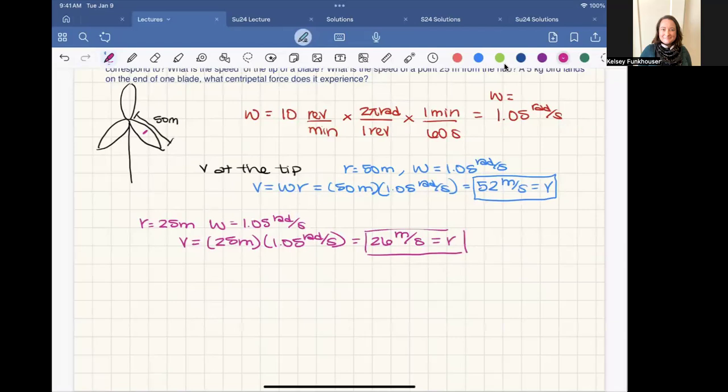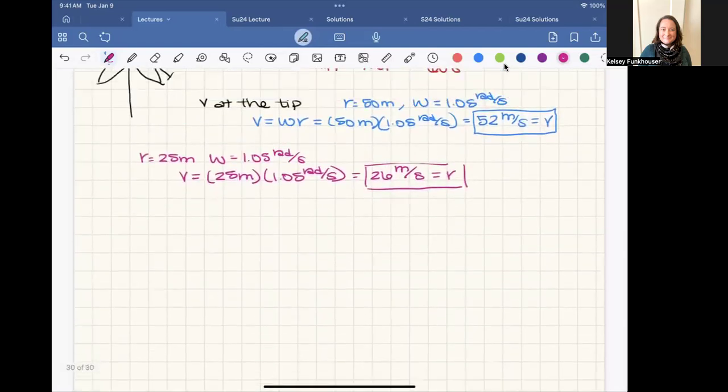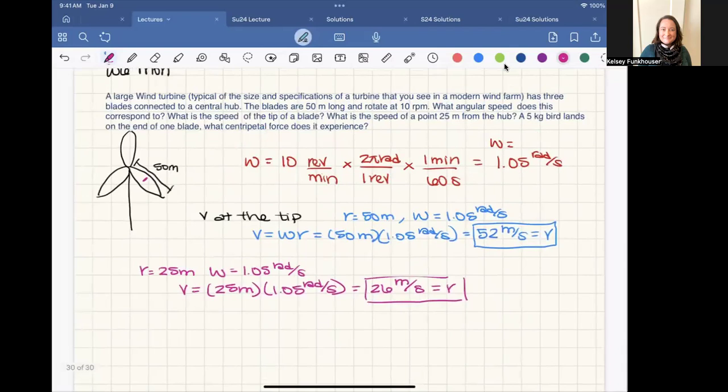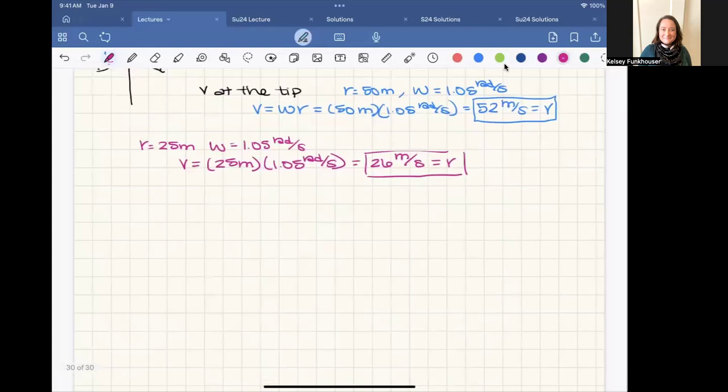Okay, and then for the last thing, a bird lands at the end of one of the blades, and we want to know what force it's experiencing. So the force is the mass times centripetal acceleration. I'm going to give it that C subscript so we know that's what it is. And that is v squared, the velocity squared, divided by the radius. So we don't even have to calculate the centripetal acceleration.